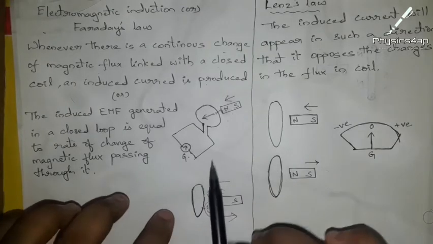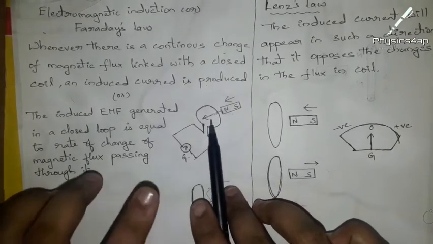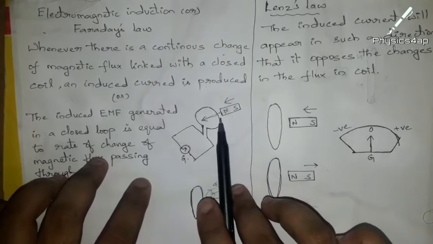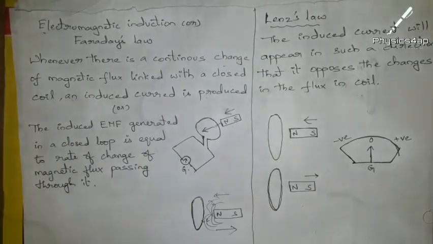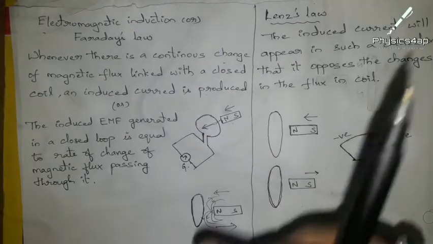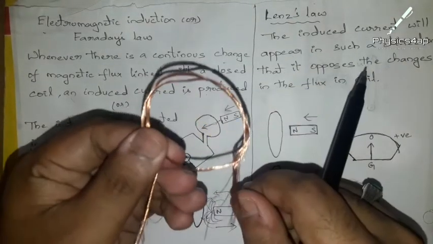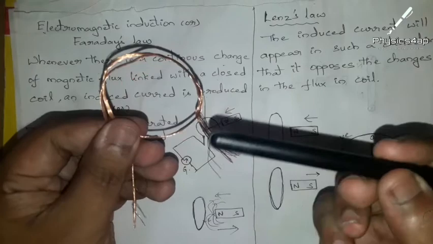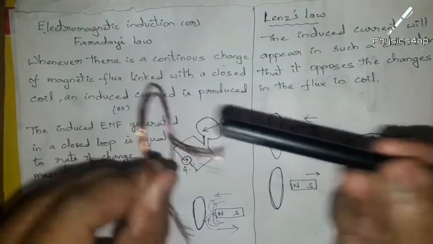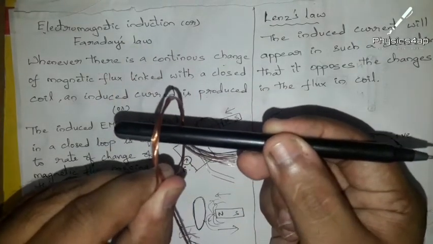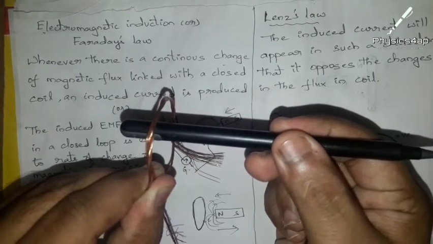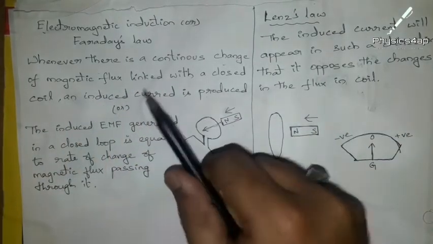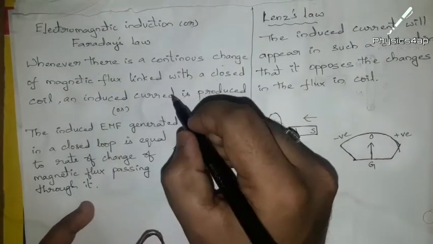Definitely, when a bar magnet is inserted into the coil, there should be a continuous change of the magnetic flux. That means if there is no change, like suppose this is a copper coil and this is a bar magnet, when you insert it inside, the magnetic flux gets linked with the coil and an induced current is generated.